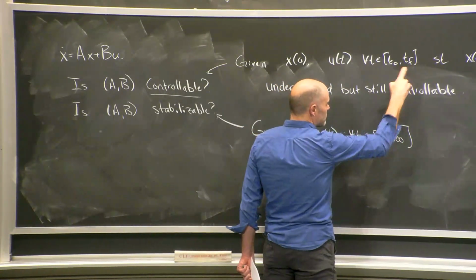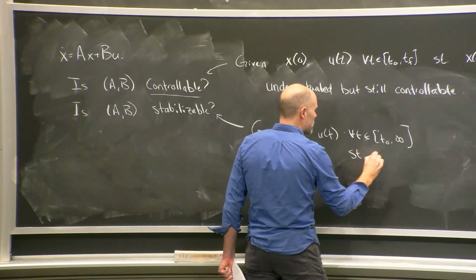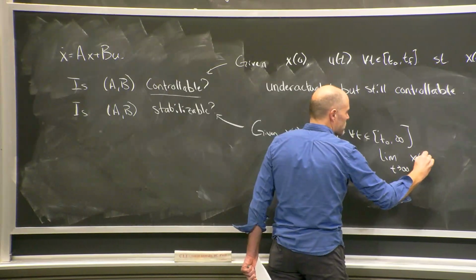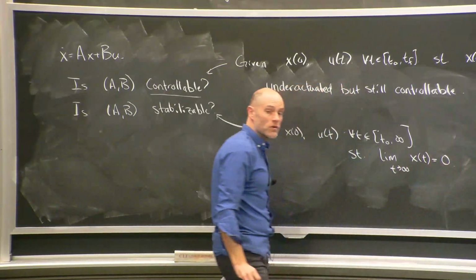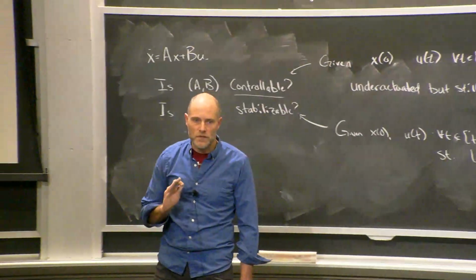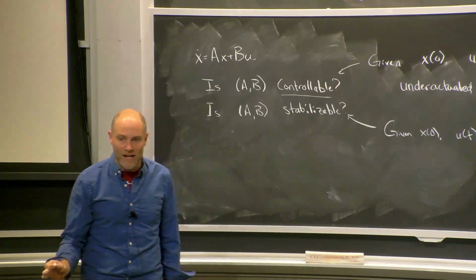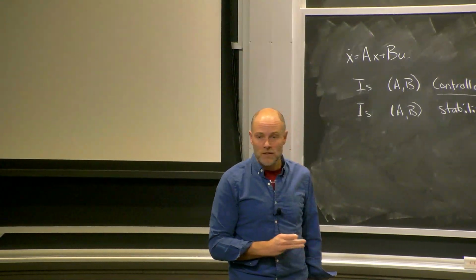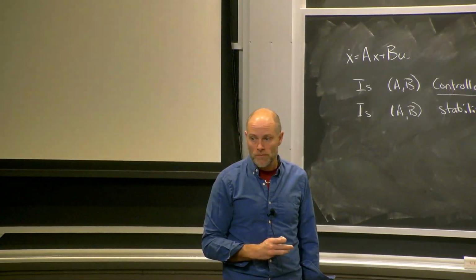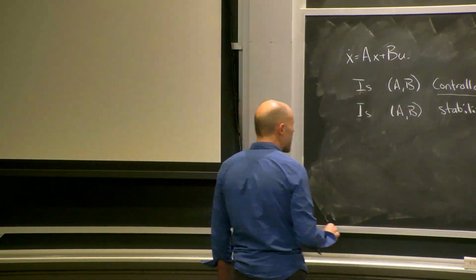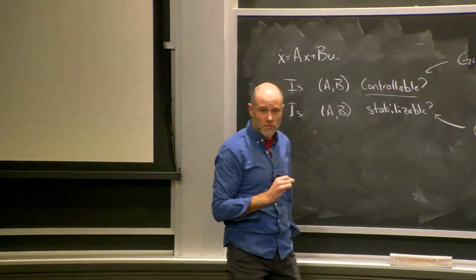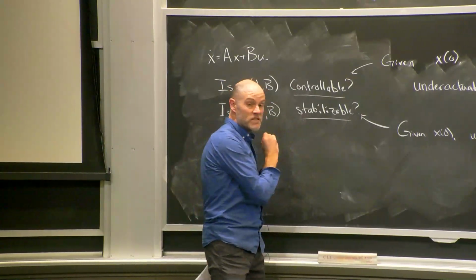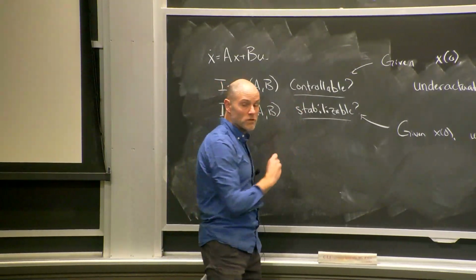It doesn't have to be finite time, such that the limit as t goes to infinity of x(t) is 0. The difference between controllable and stabilizable is that you're allowed to take infinite time to get there in stabilizable. It turns out that's an important difference because, in fact, LQR only needs you to be stabilizable. It doesn't need you to be controllable.